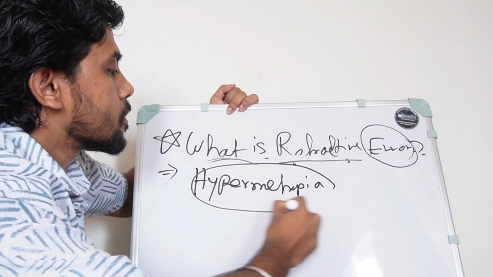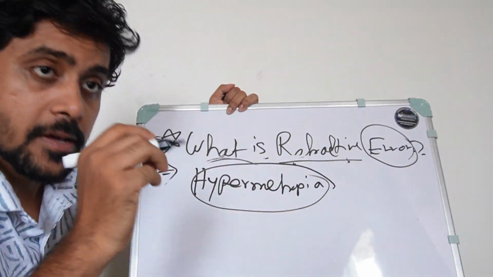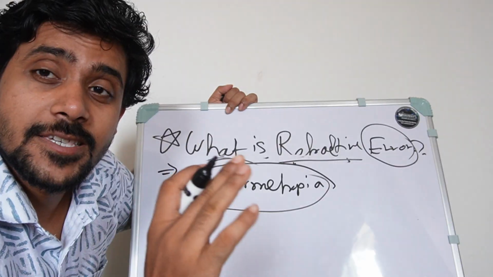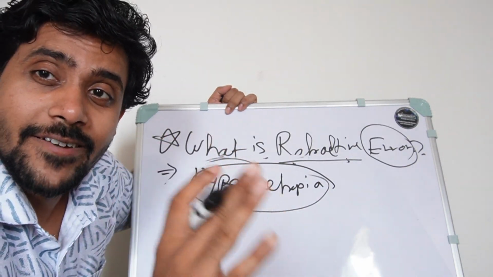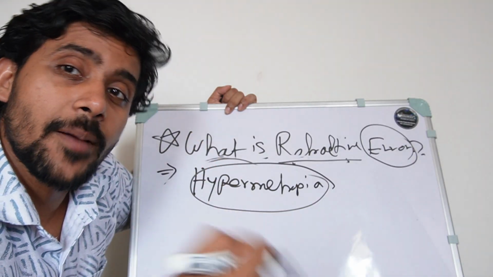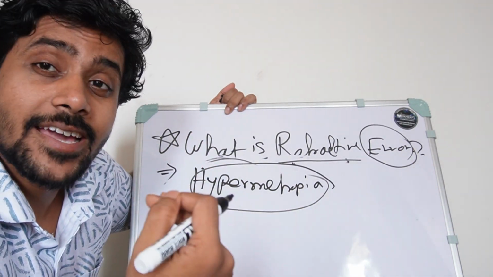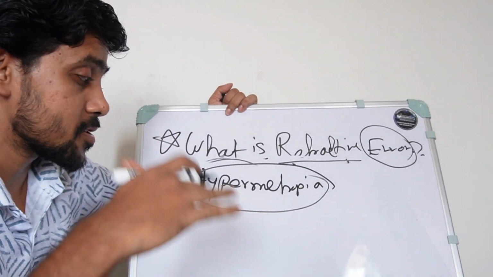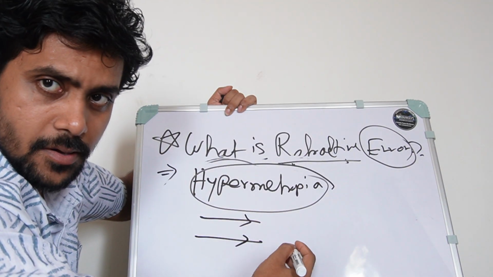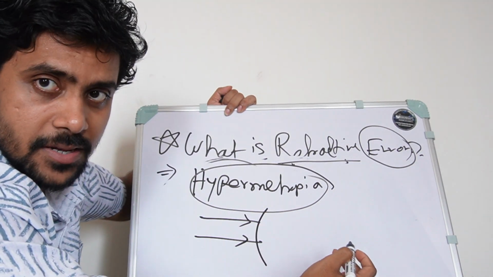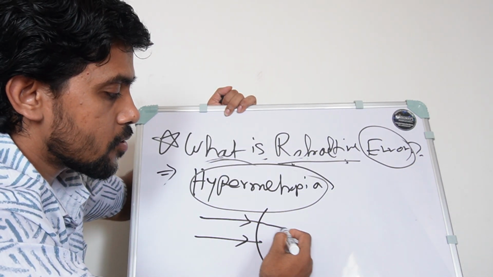So this hypermetropia has a prevalence rate of 17 to 18% of people. 17 to 18% of people are suffering from hypermetropia. The scenario of hypermetropia is the same: the parallel light rays are coming from infinity, there is a refractive medium, and they will focus on a particular point.